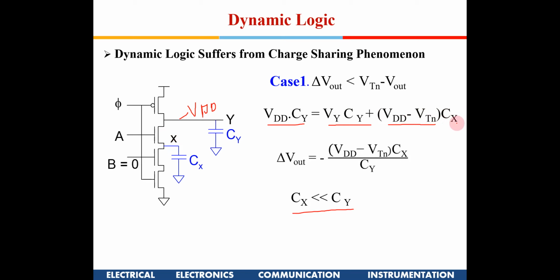Okay, so now if you do some algebraic manipulation, we can get delta V out, which is Vy minus the initial VDD. If you do that, you will get this equation, right? You will find it is negative, indicating that the voltage will come down: VDD minus VTN, Cx divided by Cy. So this was the issue with dynamic logic.